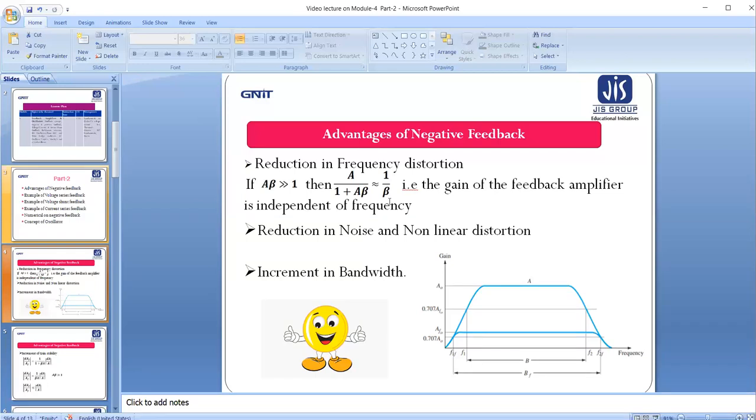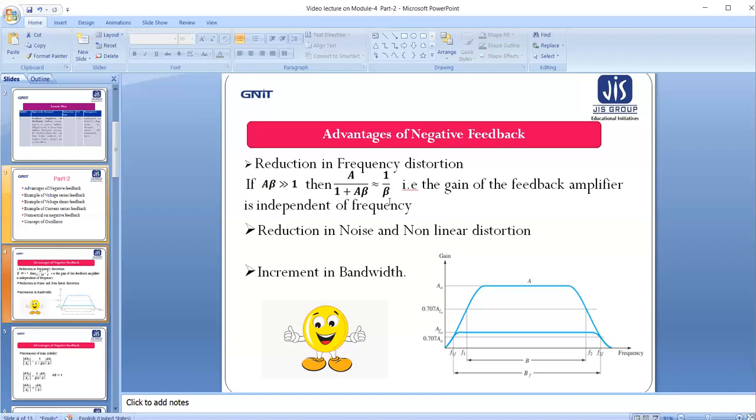Now there is a question: whether beta is dependent on frequency or not. If beta is dependent on the frequency, then there will be some sort of frequency distortion, but it will be much lesser than in the original amplifier.